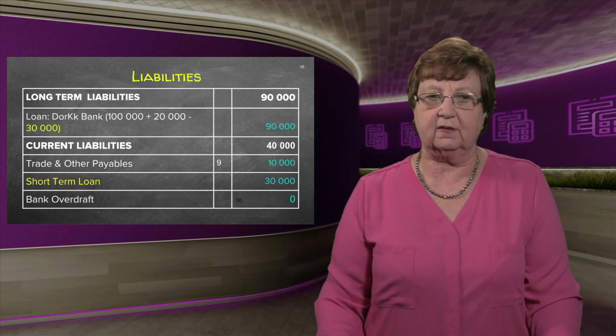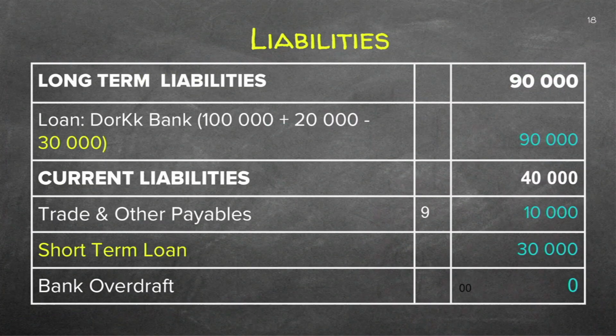So let's have a look and see what it looks like. Here I've got my long-term liabilities. There I've got my 30,000 Rand. And can you see that I have converted it into a current liability?